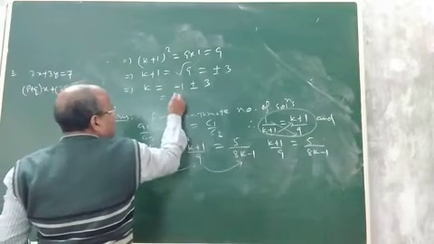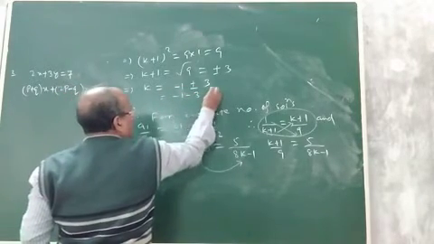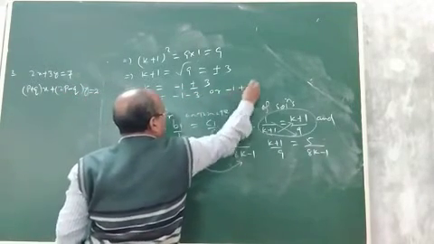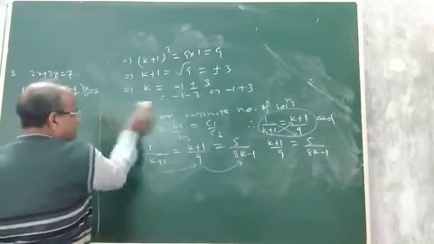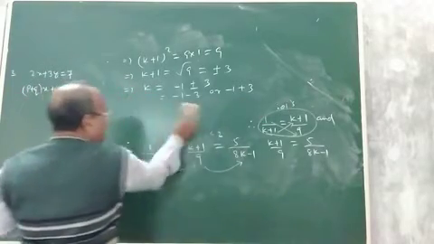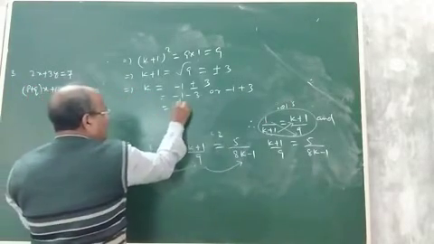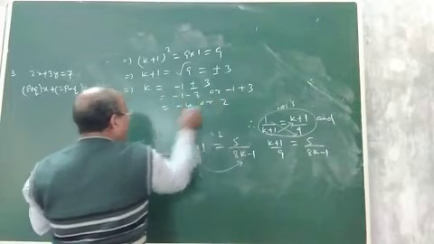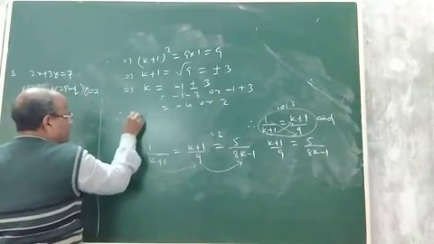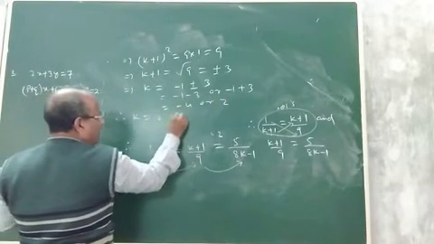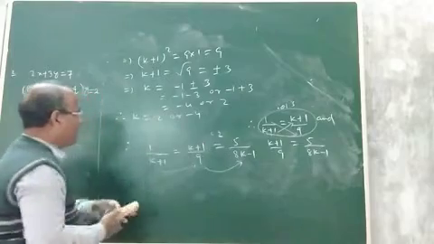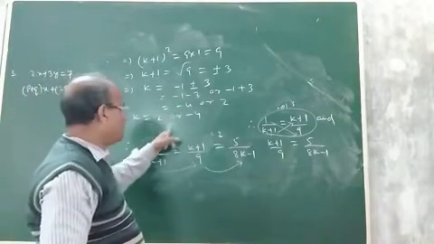So it will be minus 1 minus 3 or minus 1 plus 3. So minus 1 minus 3 will be minus 4, or this will be 2. That means k will be 2 or minus 4.